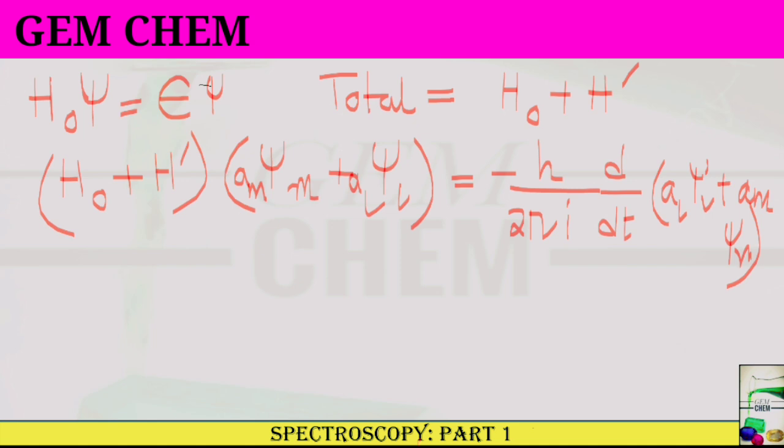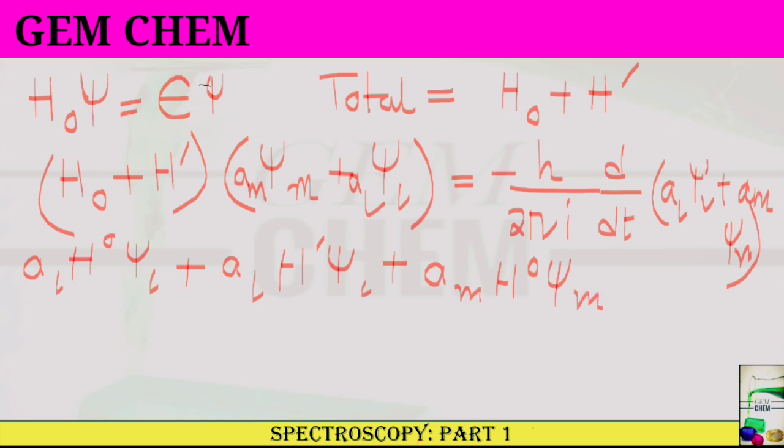Now if we operate, it is like this: Al H naught is applied on the wave function only, plus Al H dash xi l, plus Am H naught xi m, plus Am H dash xi m.